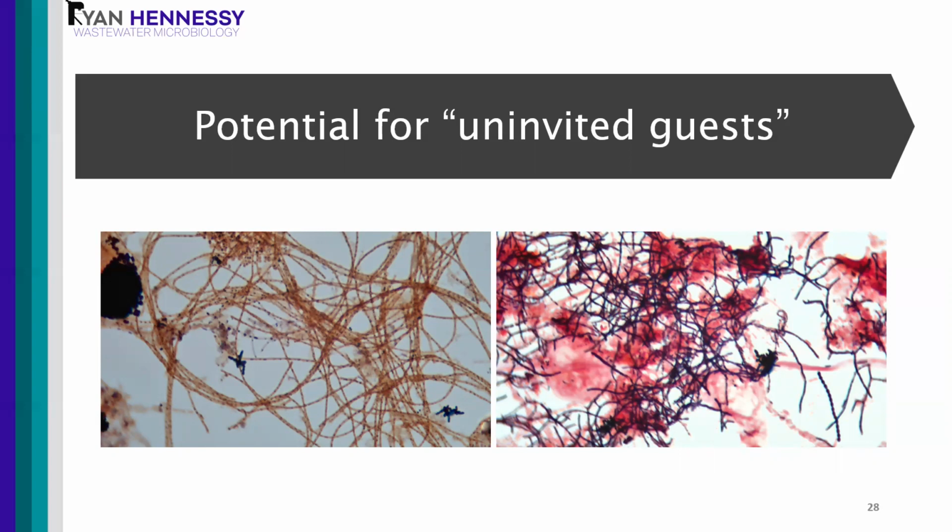You can look at the root cause, and in both of these cases, the fats, oils, and grease is the root cause. If they're there and they're septic, then it becomes more likely for problems with Microthrix or Actinomyces miculata filaments, things of that nature, to develop.